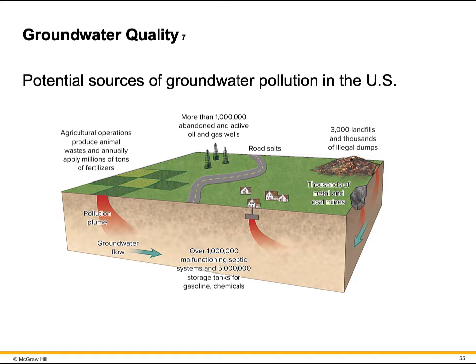Everything leaches through the soil into the groundwater flow. There are over 1 million malfunctioning septic systems and 5 million storage tanks for gasoline and chemicals.